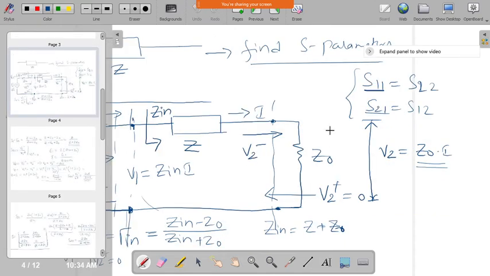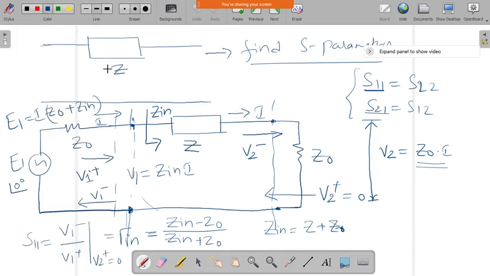This is how we can find the S parameters for a particular element.